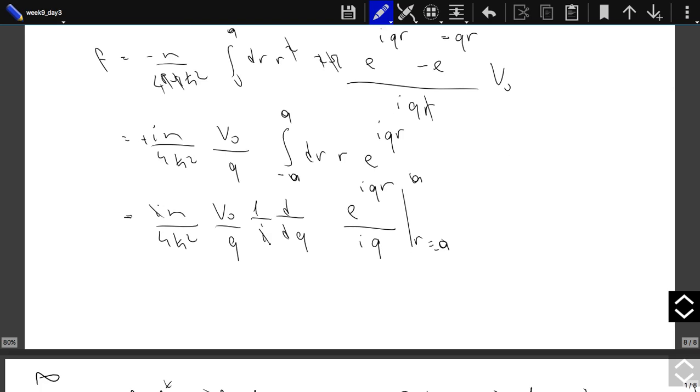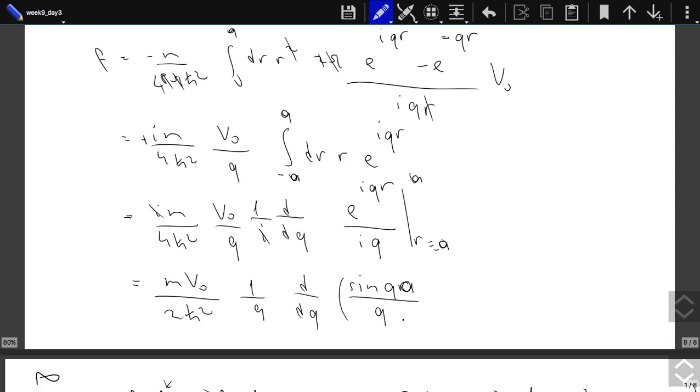These i's cancel. I have mv0 over 2 h bar squared, 1 over q, d by dq of sine qa over q, etc. You can just take the derivatives. That is the differential cross-section.